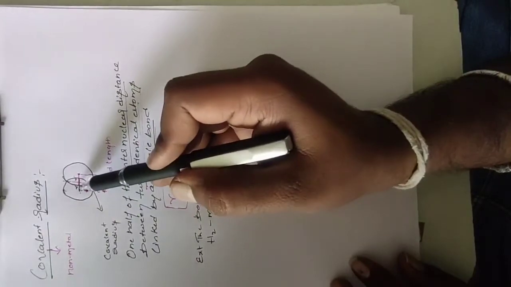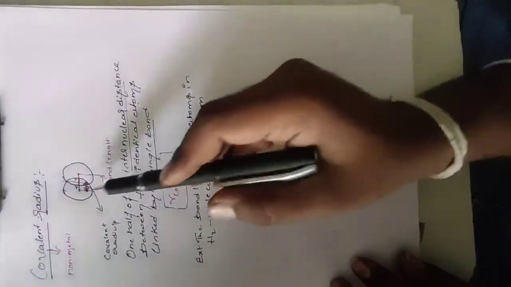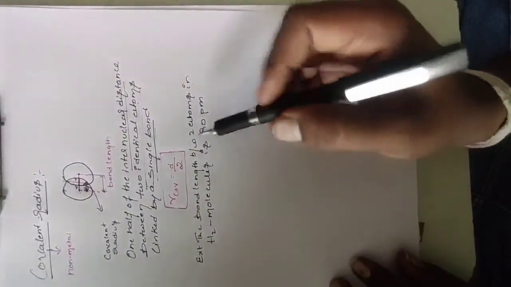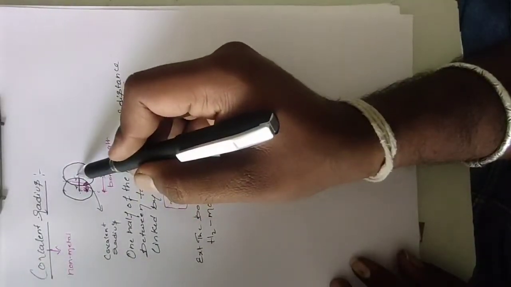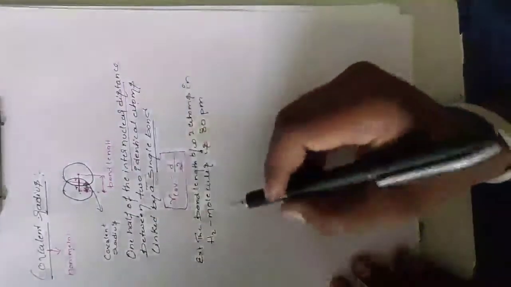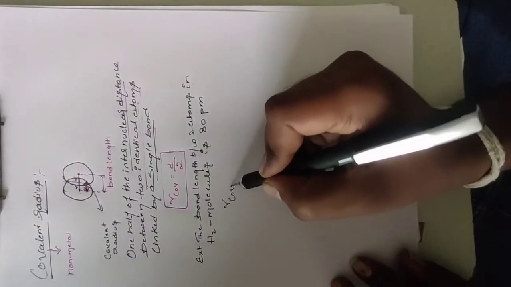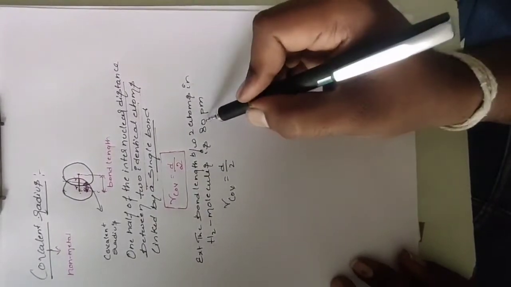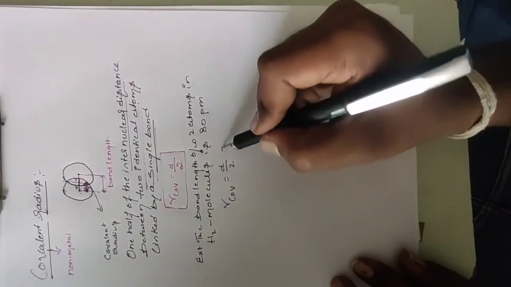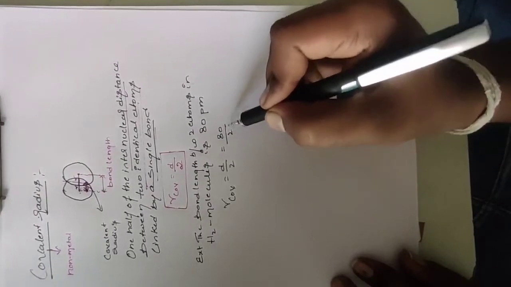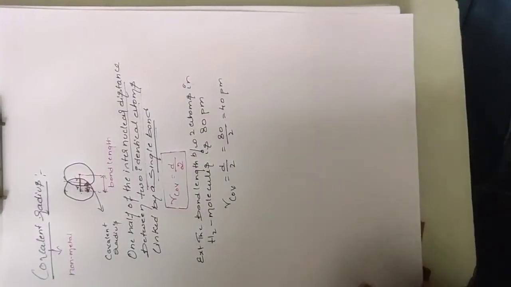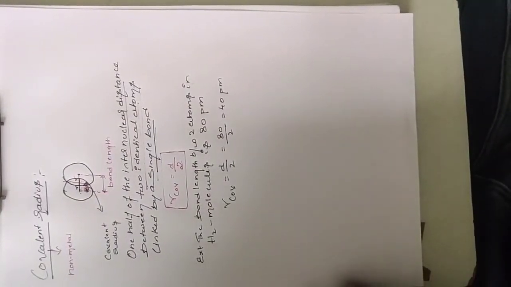To find the radius, we use the formula r covalent equals d by 2, which is 80 divided by 2, giving 40 picometers. This is the covalent radius.